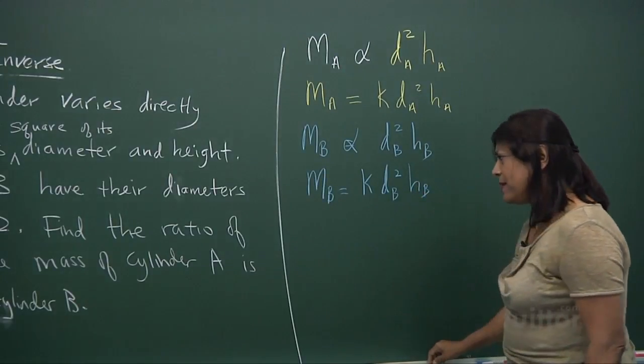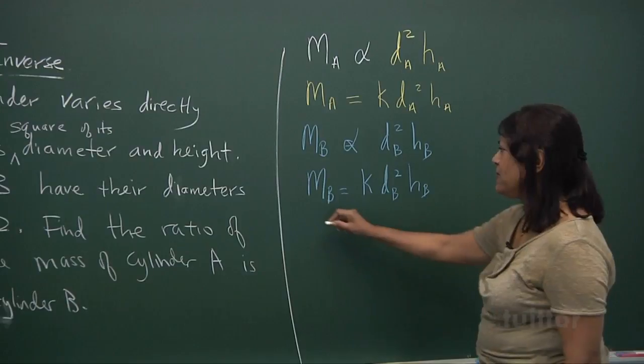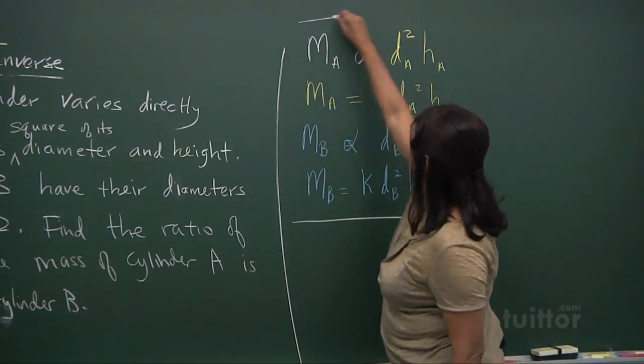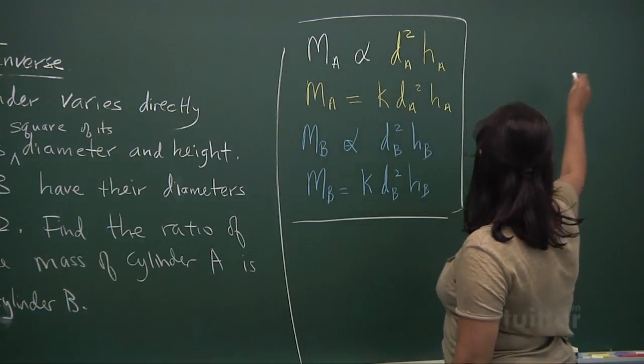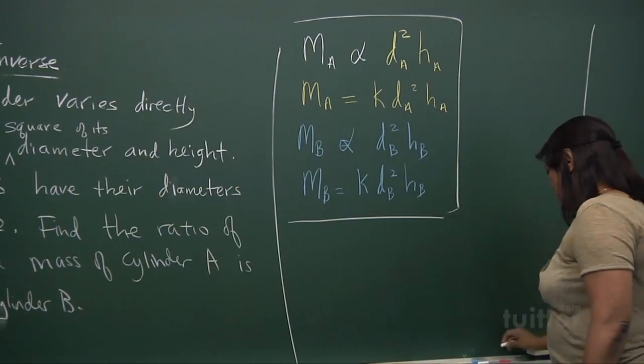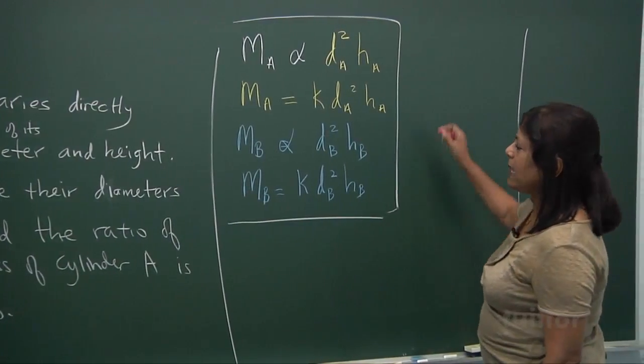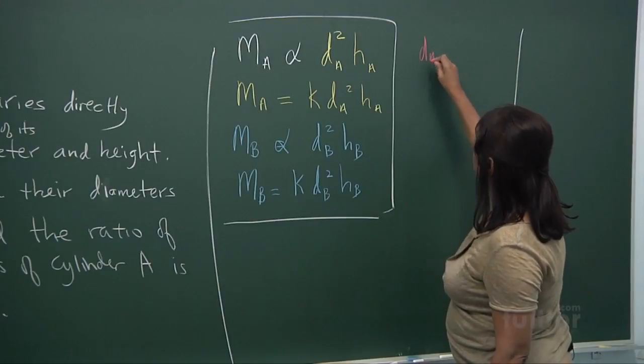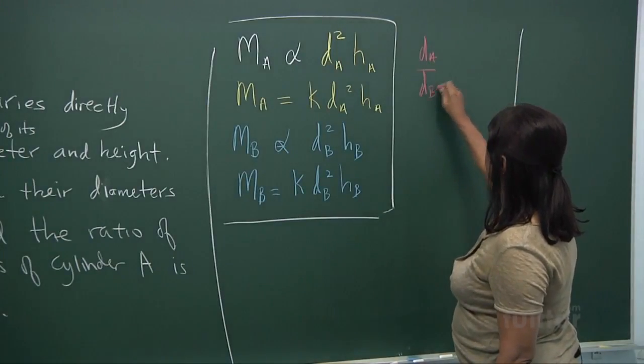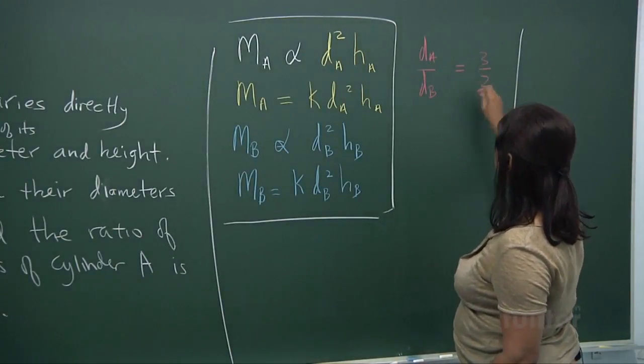Now having got this, we keep this aside. They say the ratio of the diameters, what diameters are they talking about? The diameter of A to diameter of B, the ratio is 3:2.